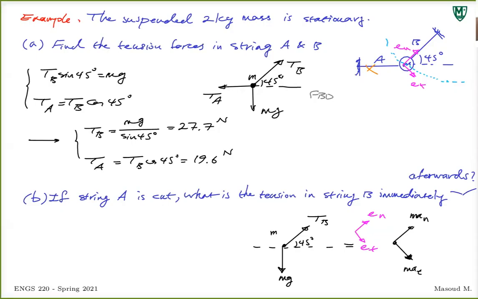So immediately after cutting, this starts falling down, right? It starts following a curvilinear path. Now that curvilinear path, well, it's motion on a curvilinear path, I can show that with tangent normal components. e_t is tangent to the path, tangential to path. e_n is from the object towards wherever the rotation is happening.